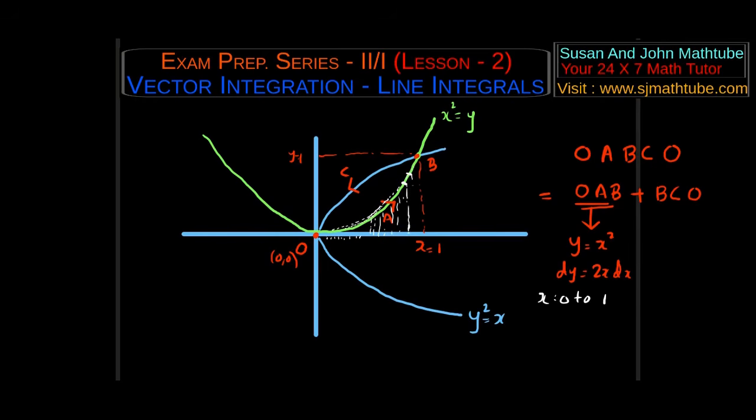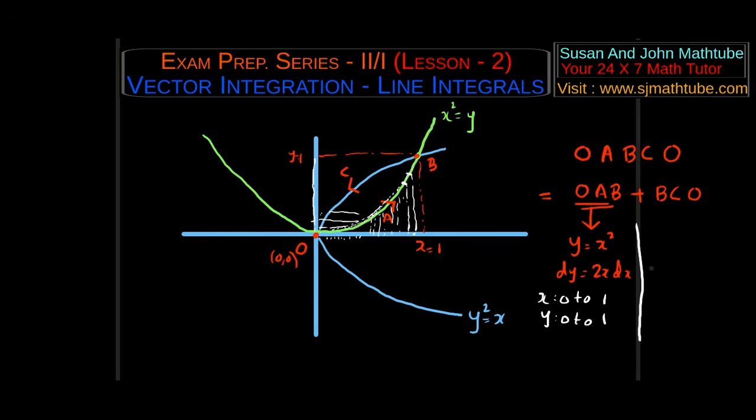And if I am here, the projection will be at this point. And if you want the limits of y, you do the same thing, but you do the projection on the y-axis. So if I am at this point, it's like y varying from 0 to 1. So if you want, you can write the limits of y as 0 to 1.